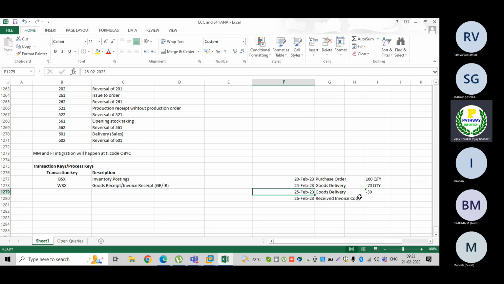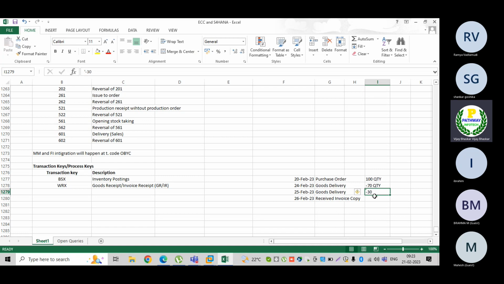But until I receive the invoice, I don't know the price per quantity, because maybe the purchase order has the price, but the price might vary. In simple terms, out of 100 quantity they have delivered 70 quantity against this purchase order, then the rest 30 quantity is pending.